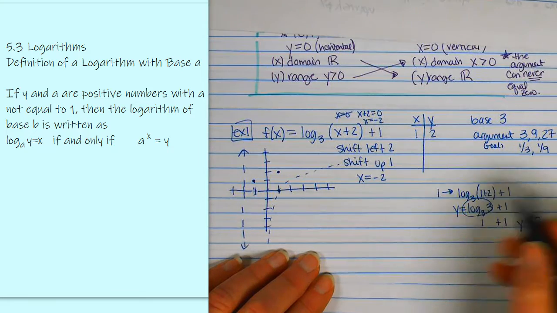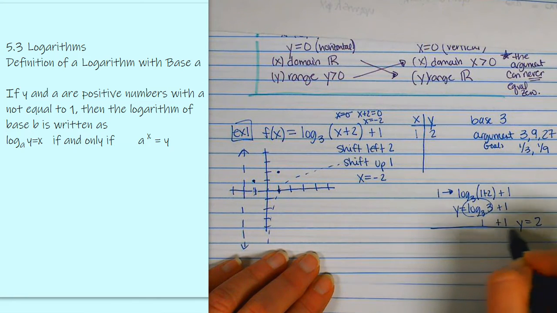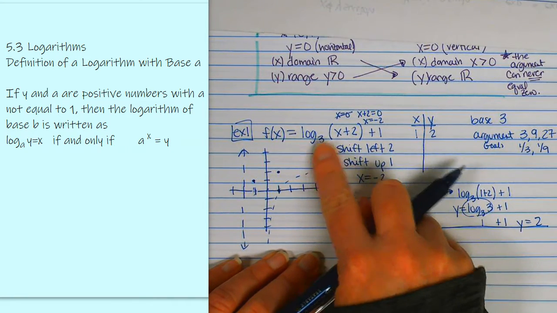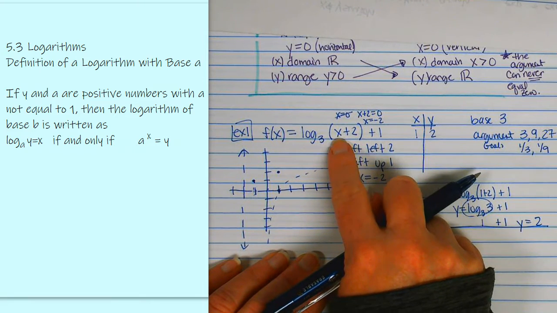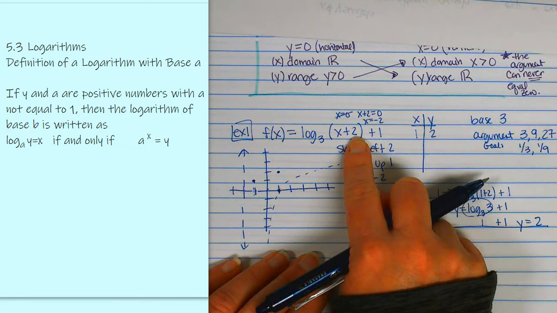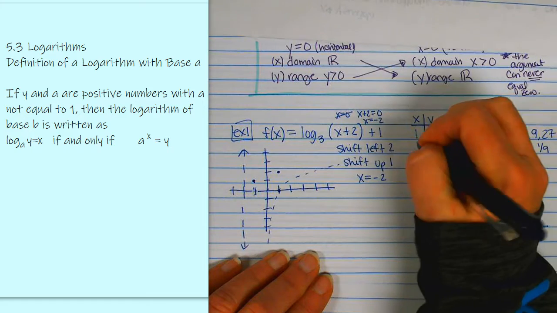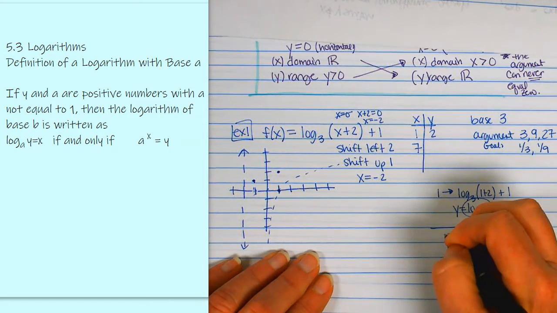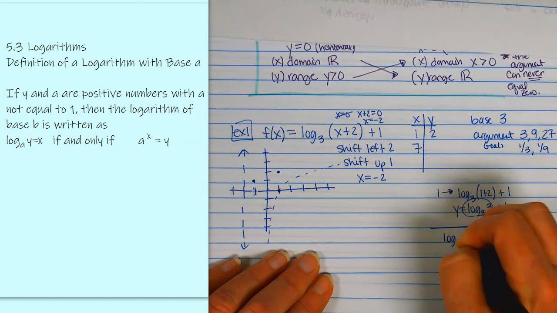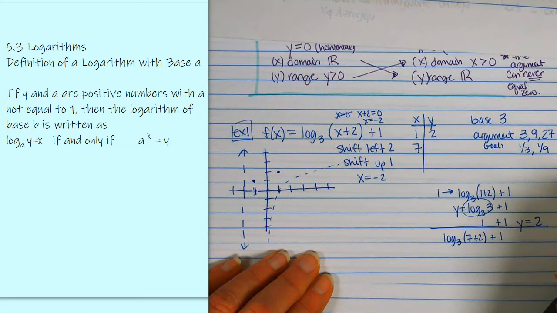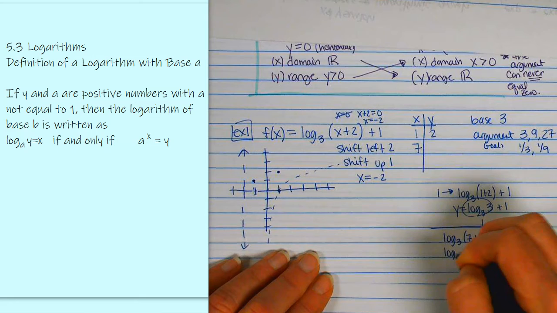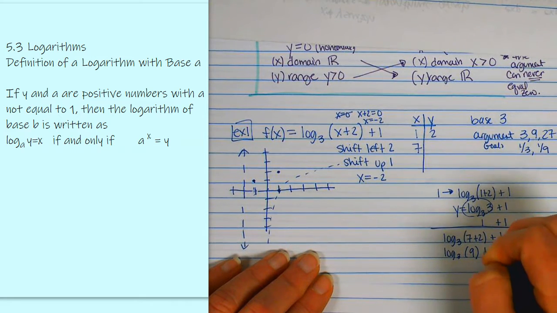Now, try this again and see if you can tell what I'm doing. I need to have log, and I need to put a 9 in here. So I can't just put 9, because 9 plus 2 is 11, and that's not helpful. I need to put 7 in here. So I'm going to put 7, because that will give me log base 3 of 7 plus 2, plus 1. That means log base 3 of 9 plus 1.